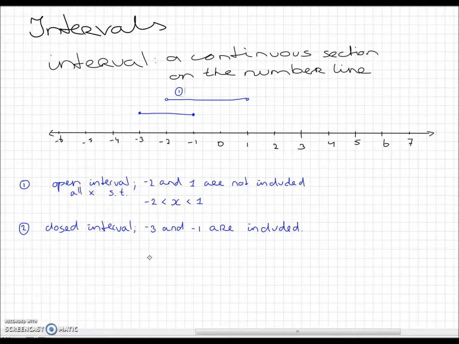Now this interval can also be written down as all x such that -3 is smaller or equal than x, which in turn is smaller or equal than -1. It's a closed interval, the boundary numbers are included.